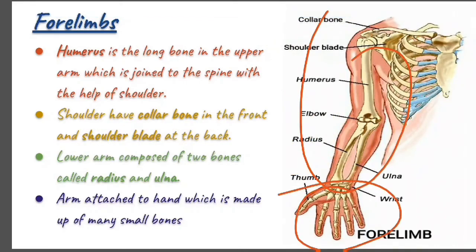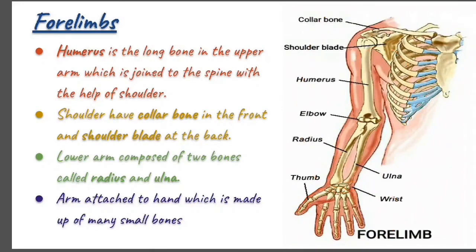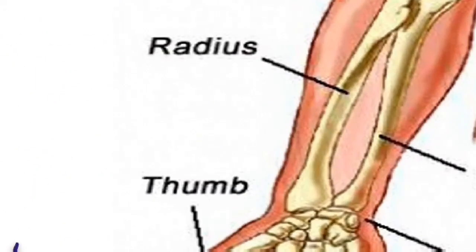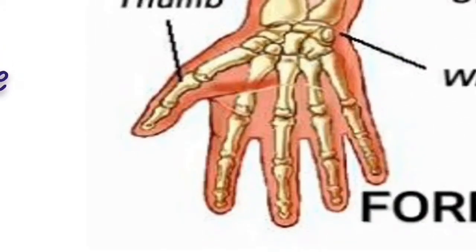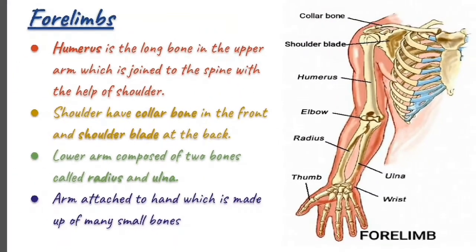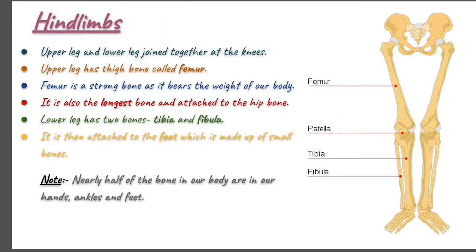If you go in deep, you can see clearly that there are various bones here. Every part is a joint of many bones, not a single bone. Similarly, the hindlimbs are also a copy of your arms, your forelimbs.